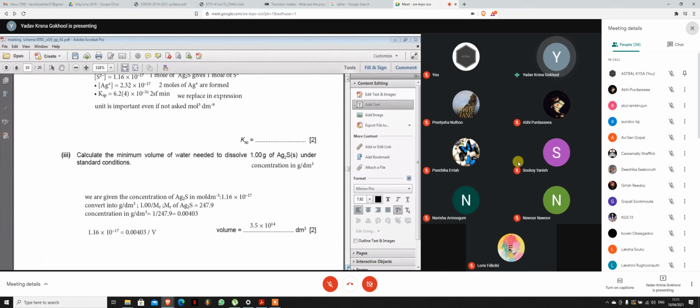So what is concentration in mole per dm cube? In fact, just write it down.